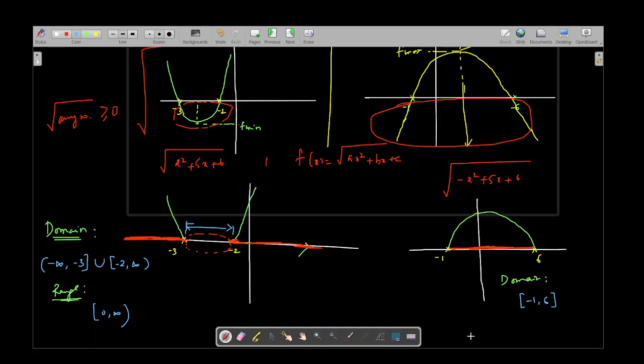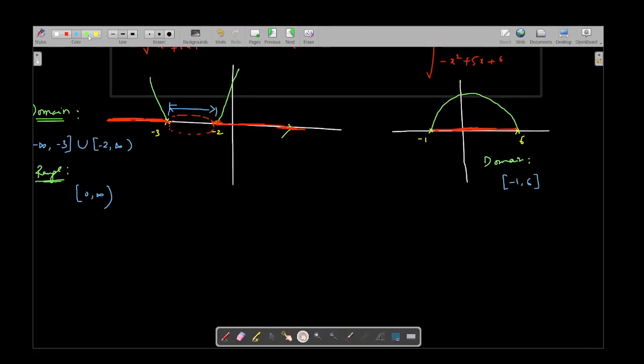And what is the range? This is very important. The curve attains some maximum point here, f max, and goes down to 0. So the range for down looking square root quadratic polynomials is always f max to 0.